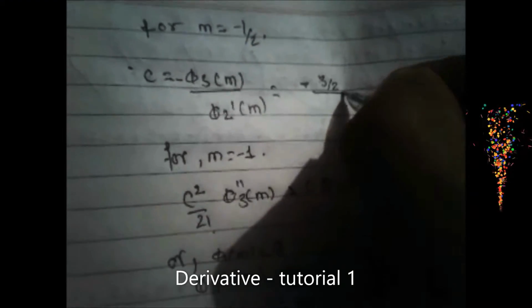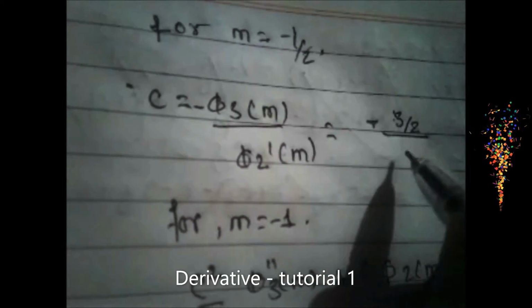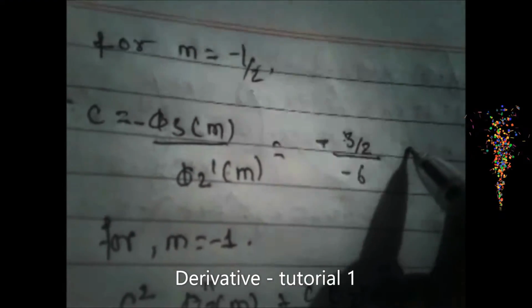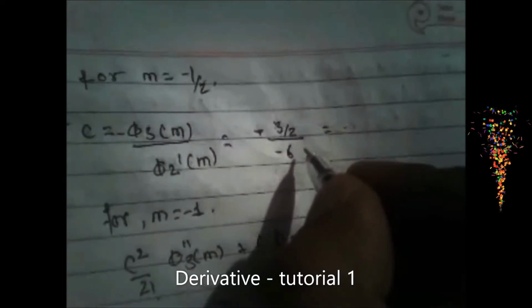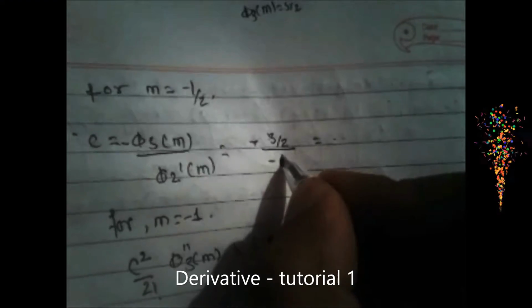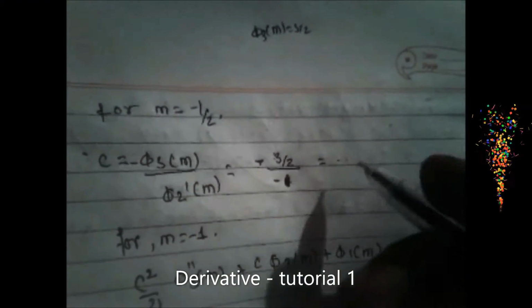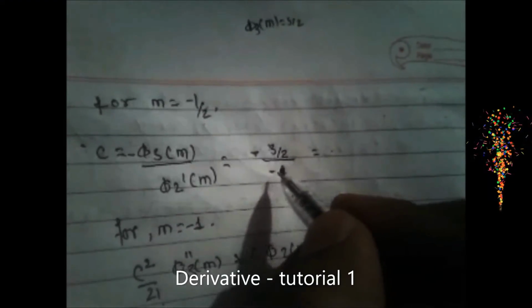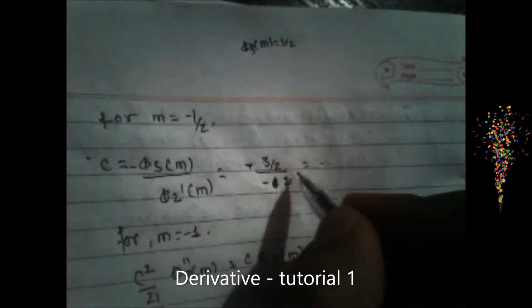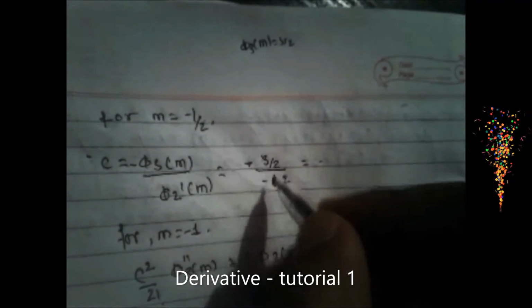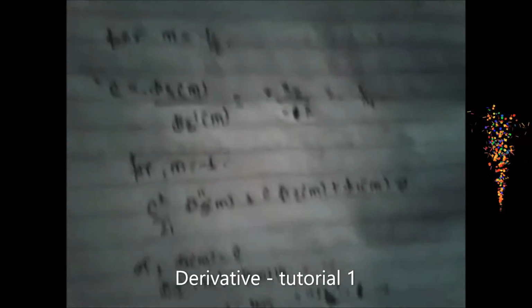We will get minus of 6, so it would be 3 by 2 minus 3 by 2 would be, so our phi 2 m would be 4 into minus 1 by 2, it would be minus 2, so it would be 3 by 4.